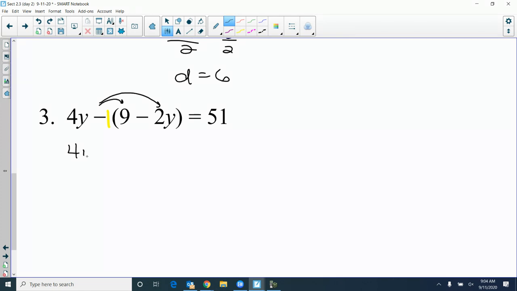It gives me 4y. -1 times 9 is -9, so just make it -9. The sign of the number becomes your operation, your plus or your minus. What's -1 times -2y? Positive 2y. All right, see what you come up with.